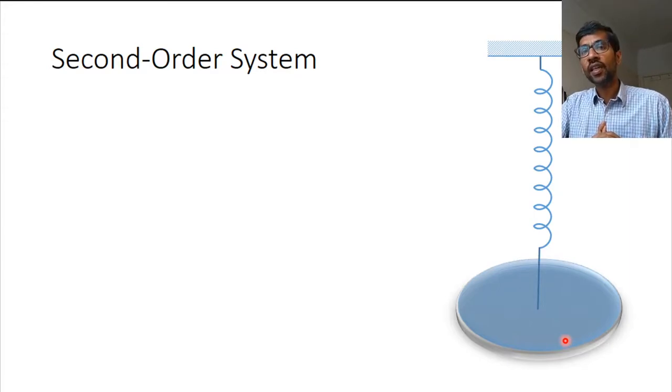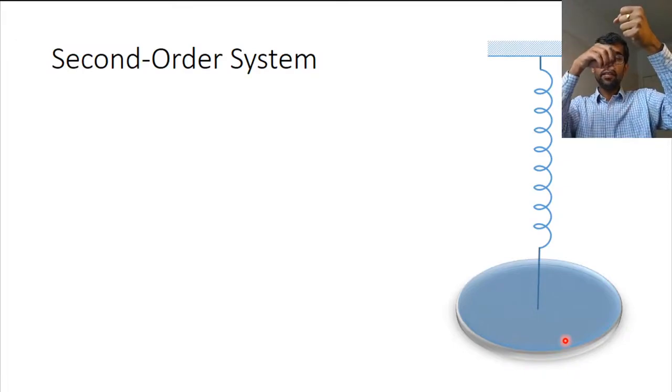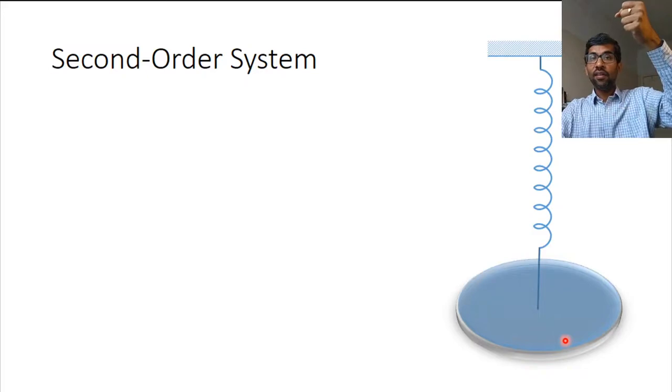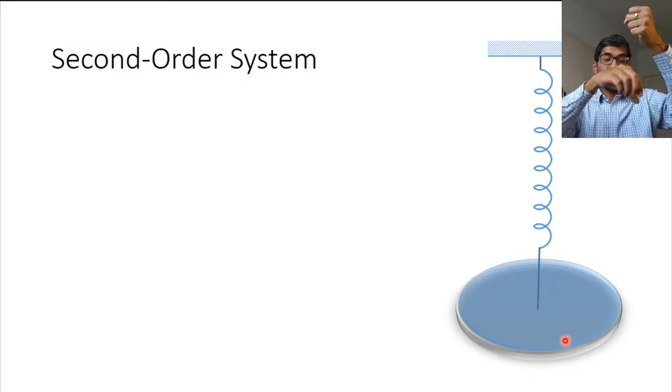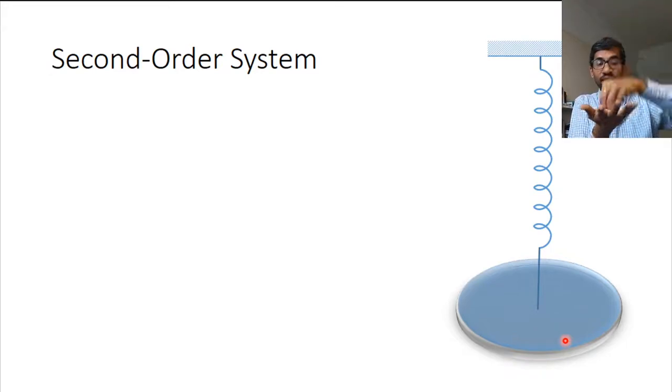Now, what do you think the behavior of this sensor would look like if you took a 1 kilogram weight and put it suddenly on the plate? There was no weight on the plate, and suddenly you put a weight on it. What's going to happen?